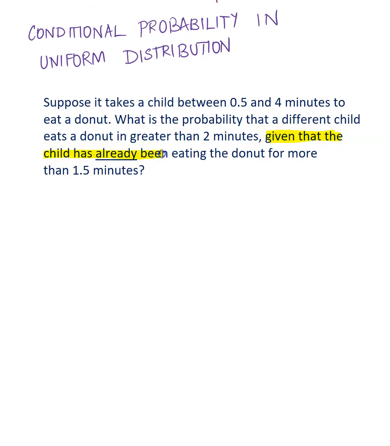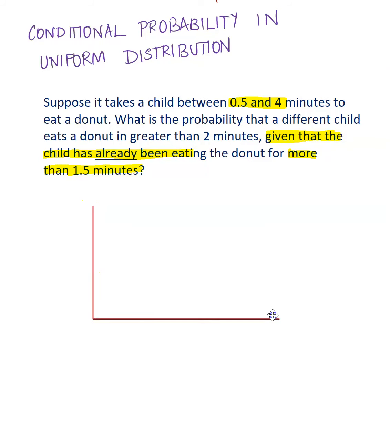So it said more than 1.5 minutes. So that's a classic idea where you see that in a uniform distribution, you have that condition. There are other clues too, like it takes a child between this and this many minutes. So they're giving you a range, and you do have that hint there, that clue.